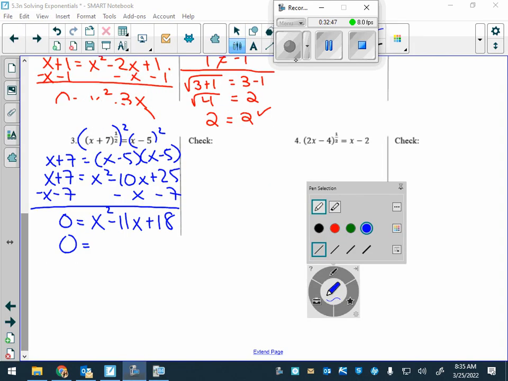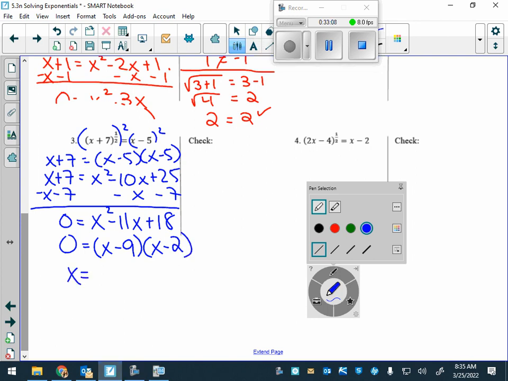All right, for number 3, how many of you did get to this point? X squared minus 11x plus 18. Okay, how would I factor that? Good. X minus 9 and x minus 2.